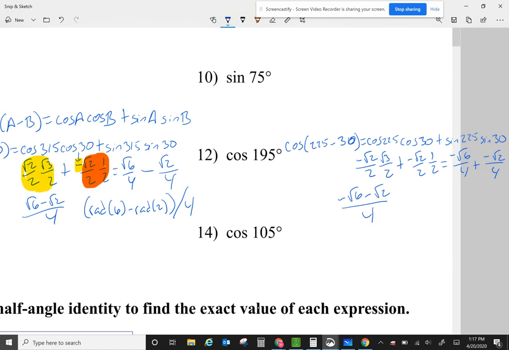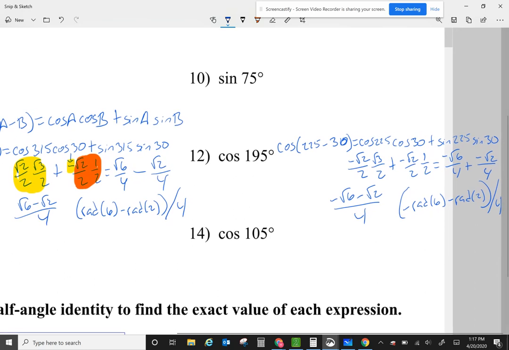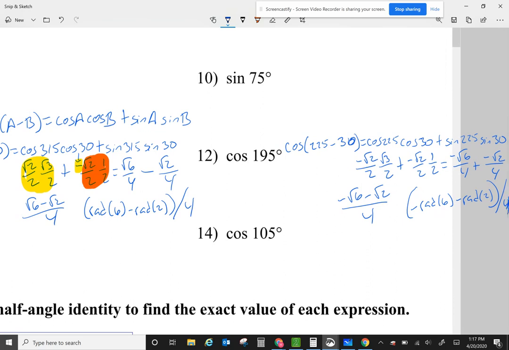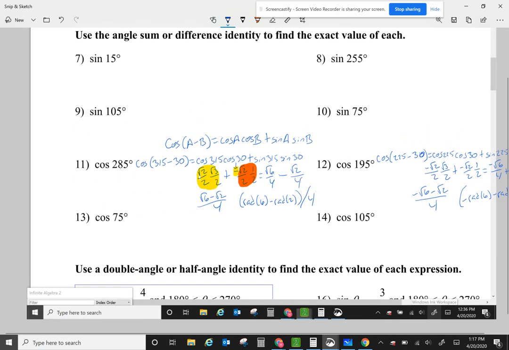That way I will type this negative radical 6 minus radical 2 all over 4. That's how you do cosine of A minus B.